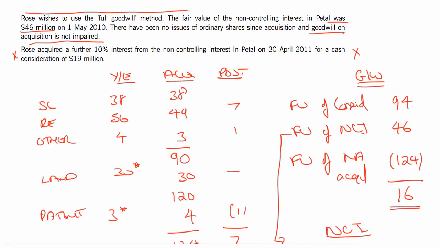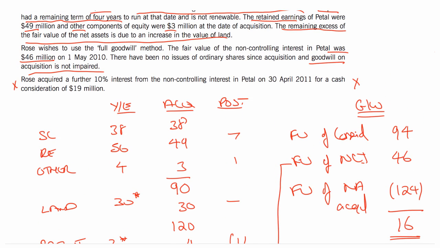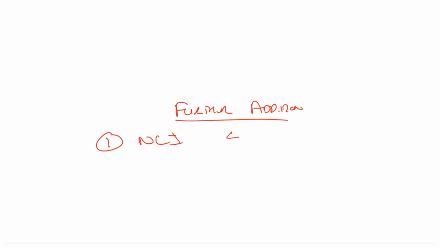Now, it's at the year end that this further addition of 10% is acquired, so we are buying it off the NCI. So, further addition. Step 1 is always on a further addition, calculate NCI at the date of the further addition, which I've just done, that's the 48.1.